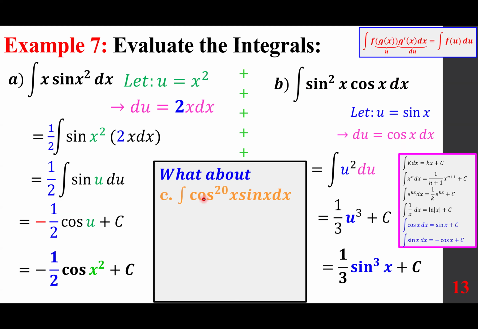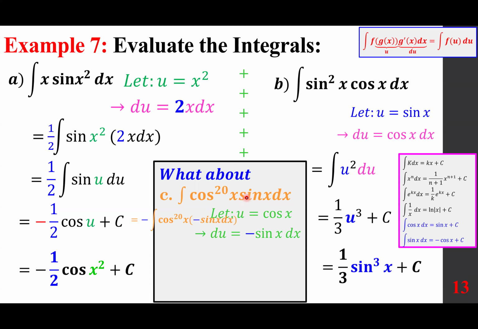Cosine has the exponent. The integral of cosine to the power of 20 x sine x dx. So u is cosine x. Its derivative is negative sine x. Therefore, du is negative sine x dx. So when we look at this one, sine x dx is there, but not a negative sign. So big deal.